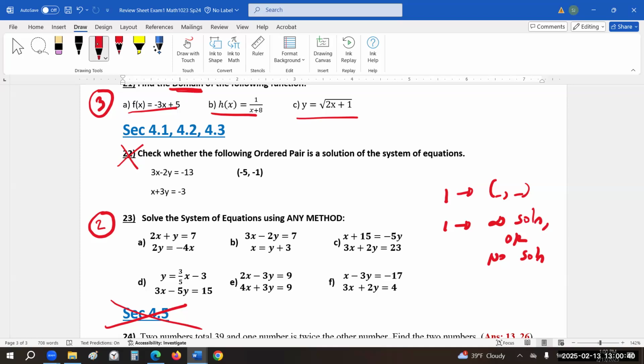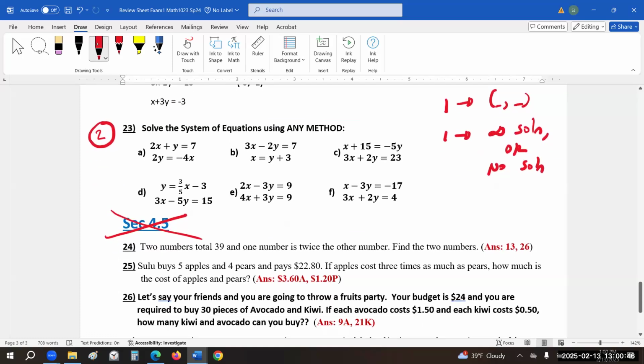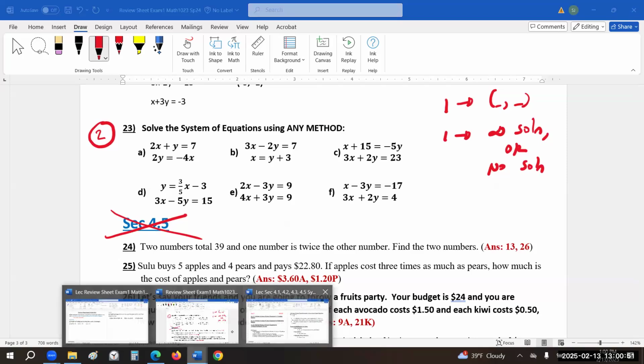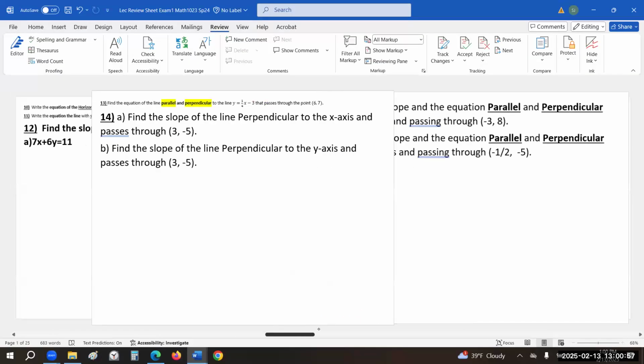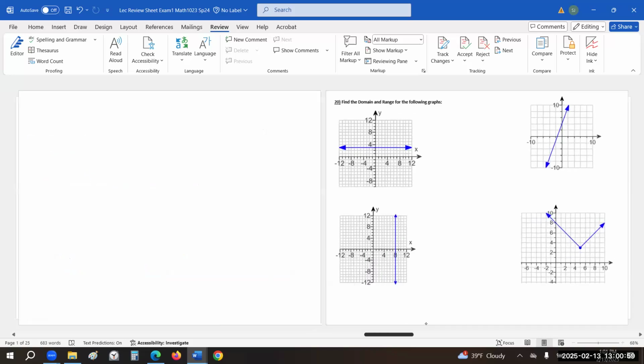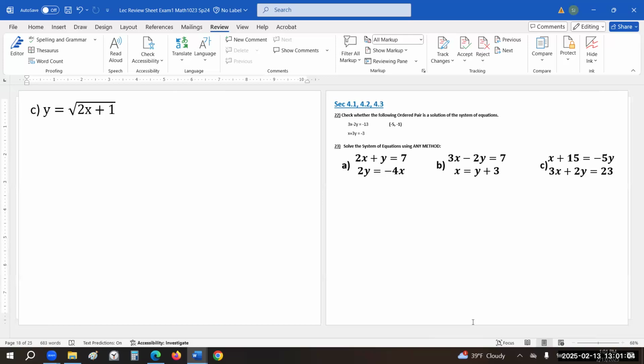Now, which thing? 23. So you want me to go about 23? Okay, so let's do 3 questions. 23, 22. Pick whichever one you want me to go over.